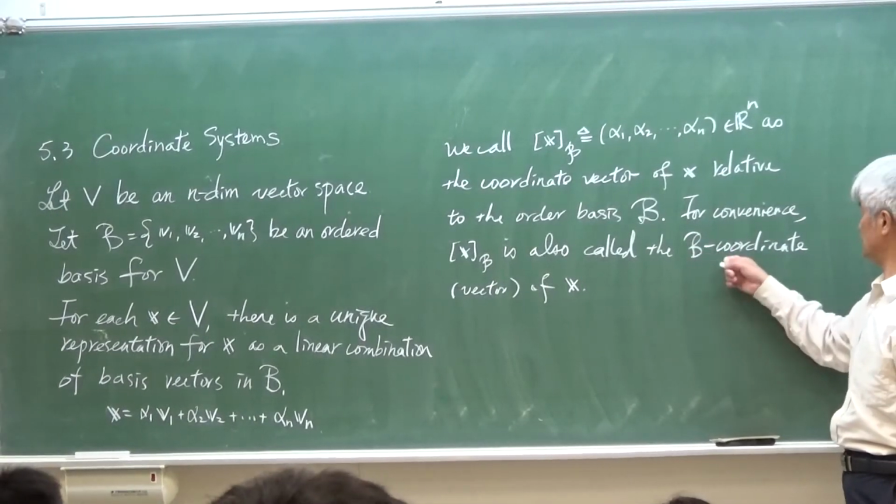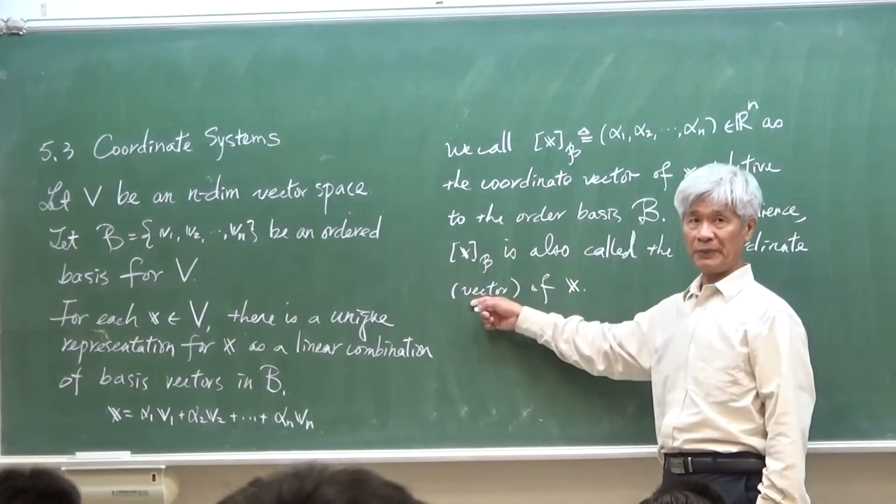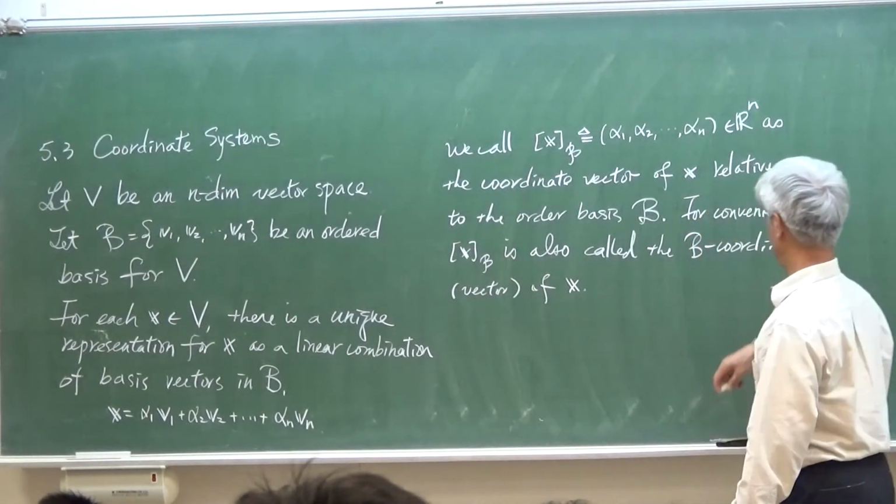Okay? So B dash coordinate vector. And sometimes we omit the dash, let's say B coordinate.